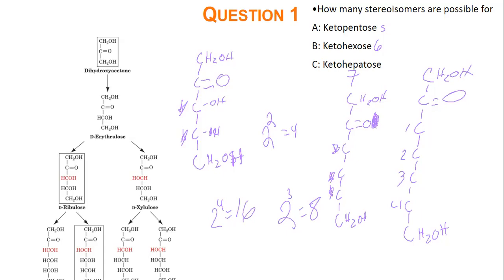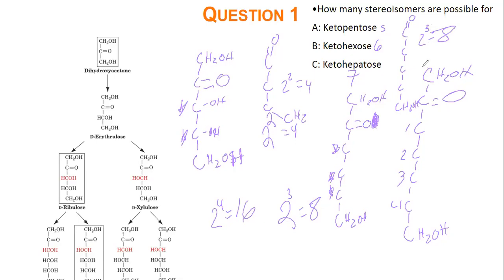The only difference with an aldose is where we put the carbonyl carbon, right? So for an aldotetrose, we have 2 chiral centers, so it's 2 raised to the power of 2, which is 4. For an aldopentose, here 1, 2, 3, 4, 5, we have 3 chiral centers, so 2 raised to the power of 3 is 8. Same exact. For sugars, it's always 2 raised to the power of how many you have.